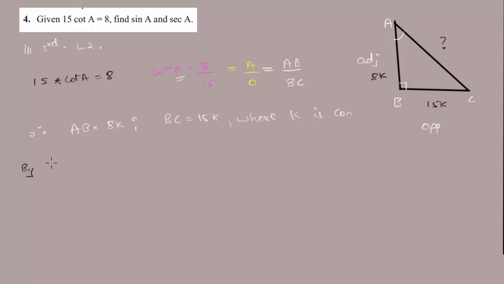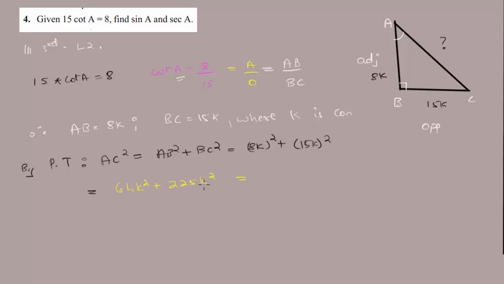By Pythagoras theorem, since we have to find AC square, AC square is equal to AB square plus BC square, which is equal to 8k whole square plus 15k whole square. Which is equal to 64k square plus 225k square.